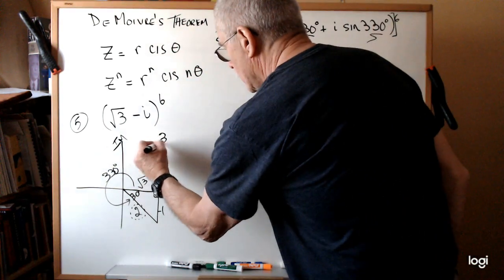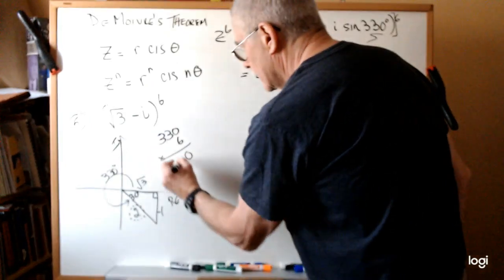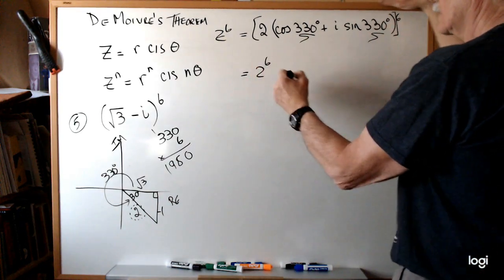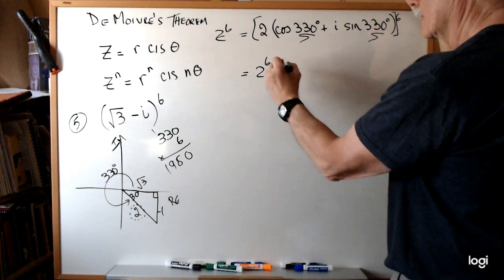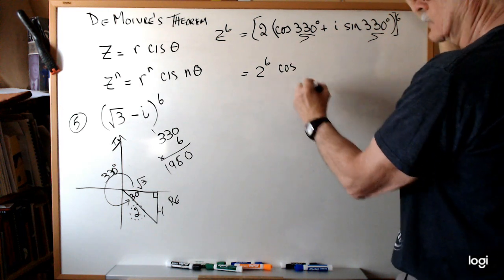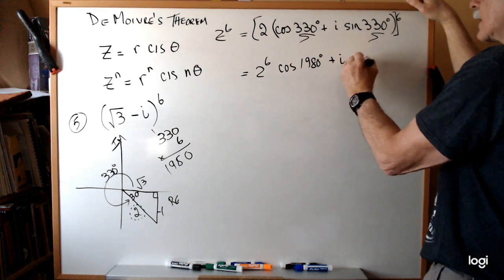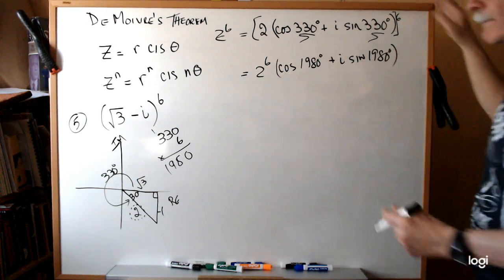So 330 multiplied by 6, 18 carry 1, 1980. So you get, I'm going to shorten this up a little. Well, I can write it out a long way. Cosine 1980 degrees plus i sine 1980 degrees. And that basically is the answer.